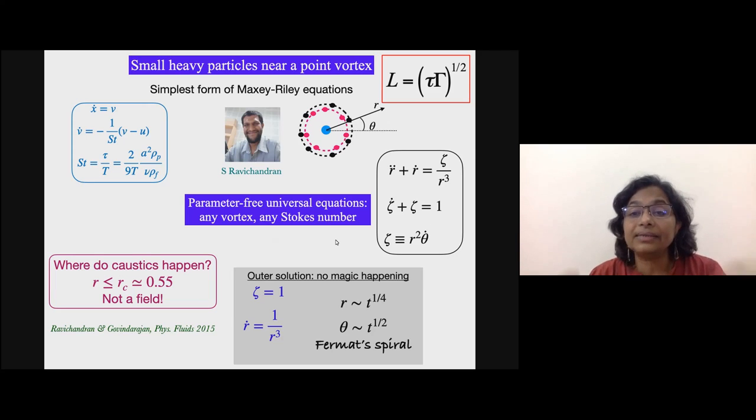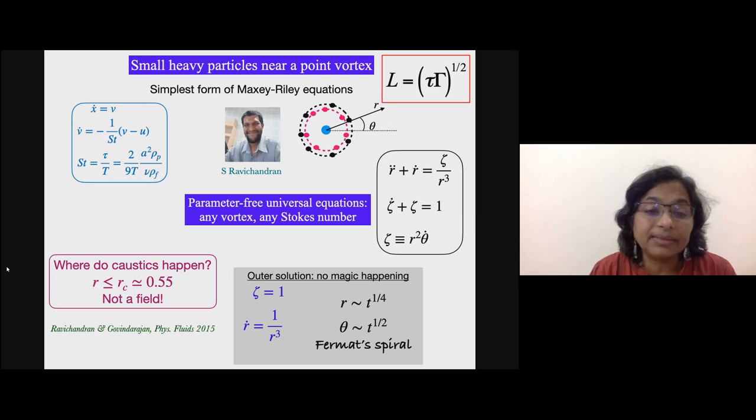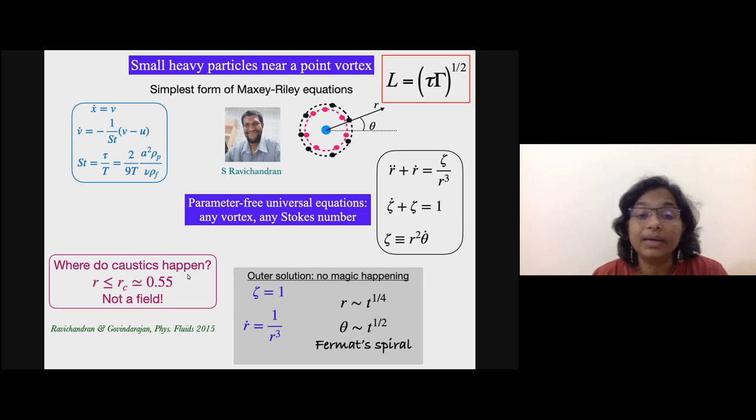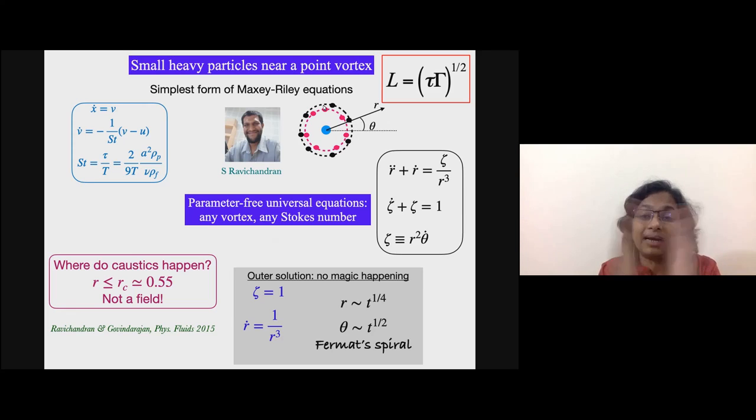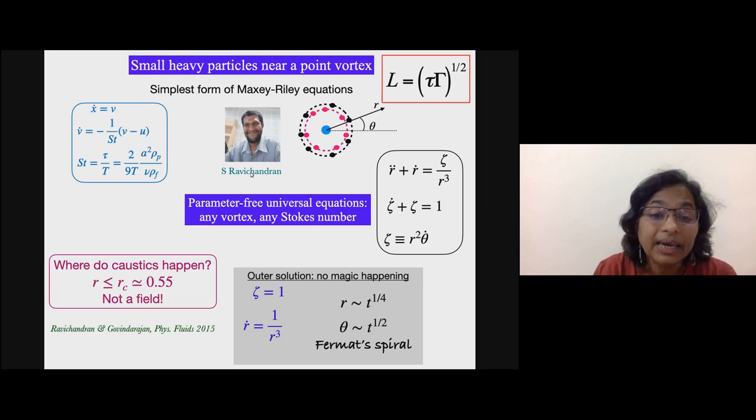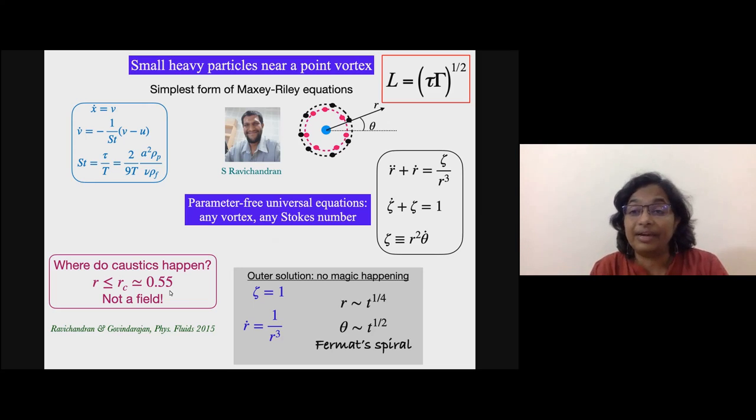And we ask, when can the pink circle overtake the black circle? That is another way of saying, when and where do caustics happen? So we find that caustics can happen only if the initial radius of the pink and the black, when they're starting very close to each other, is pretty close to the vortex, namely less than 0.55 in this length scale.